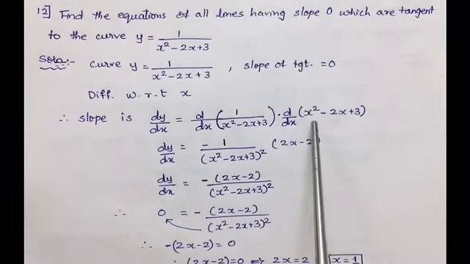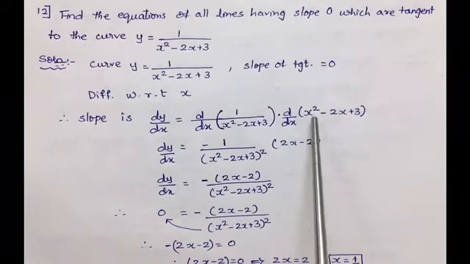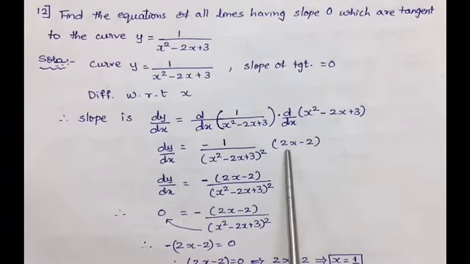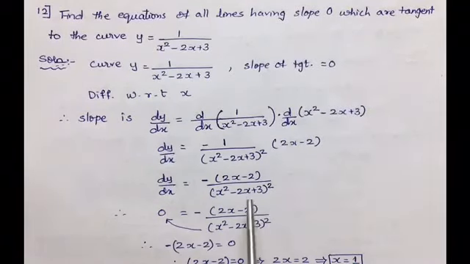Derivative of x square minus 2x plus 3 gives derivative of x square is 2x, derivative of x is 1, so minus 2. Now combining both, we get final dy by dx as equal to minus (2x minus 2) divided by (x square minus 2x plus 3) whole square.